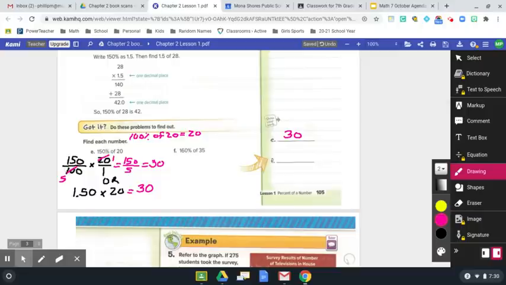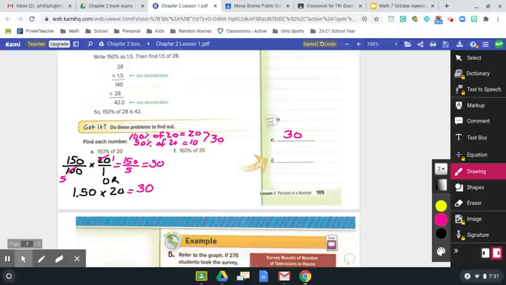And then think about 50%. So I'm just breaking that percent apart. 50% of 20. Half of 20. Well, wouldn't that be 10? And so if you combine it, 150%, you would get 30.